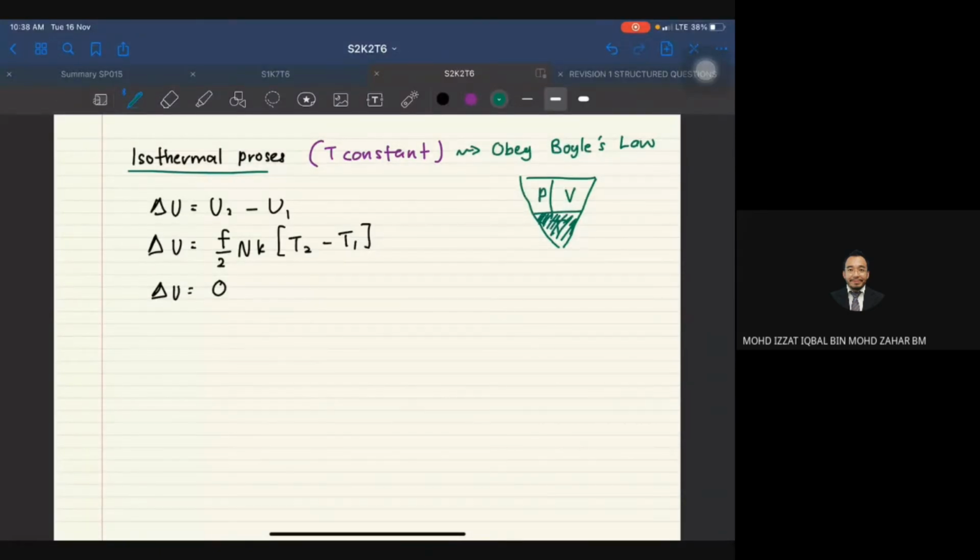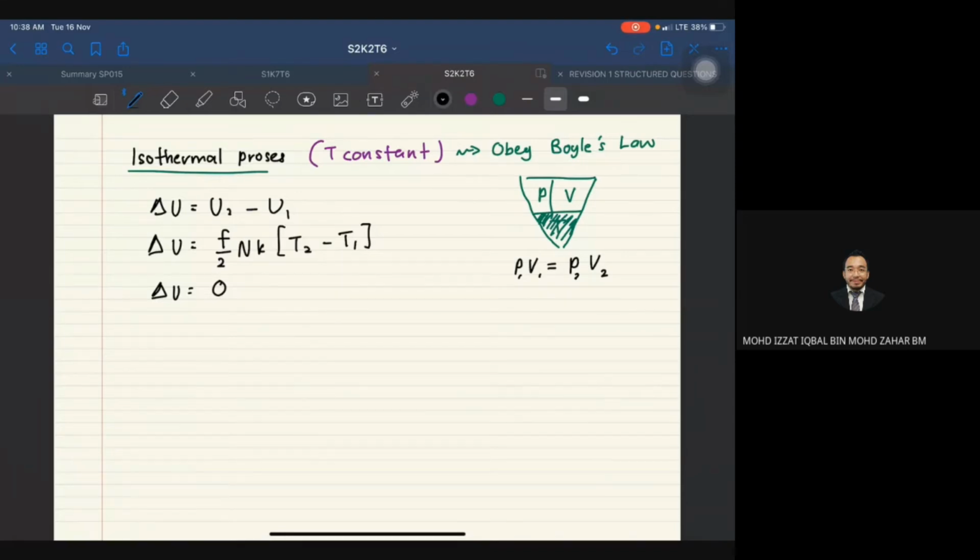So you can also write the equation P1V1 equals to P2V2. Sometimes you want to use this equation as well. Jangan tiba-tiba hilangkan terus, jangan terlupa yang chapter ni dia boleh gabung dengan chapter sebelum ni.